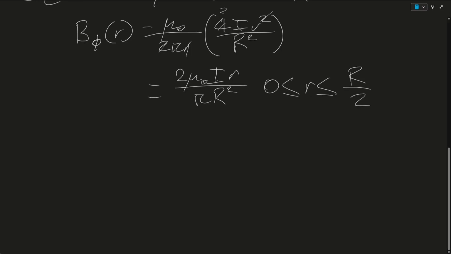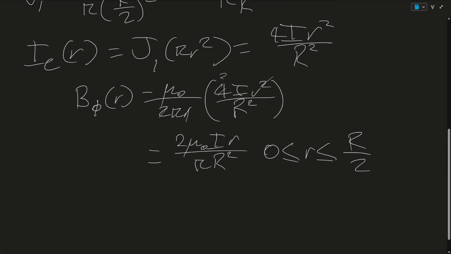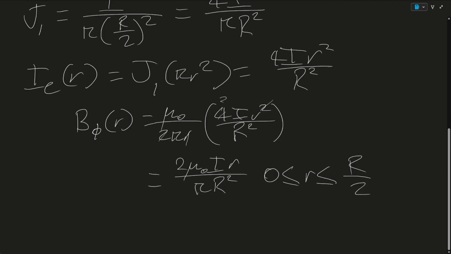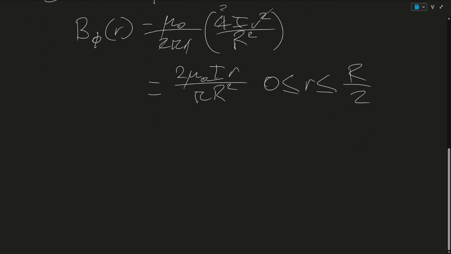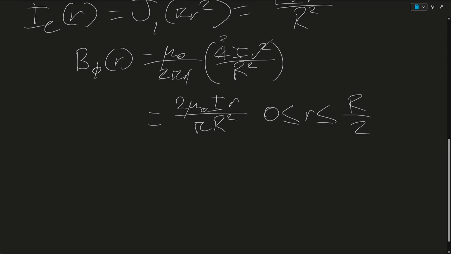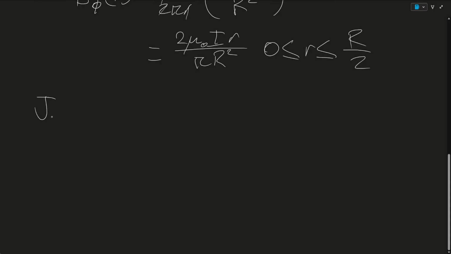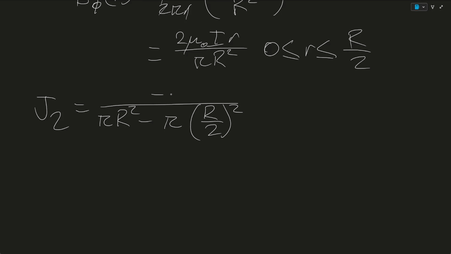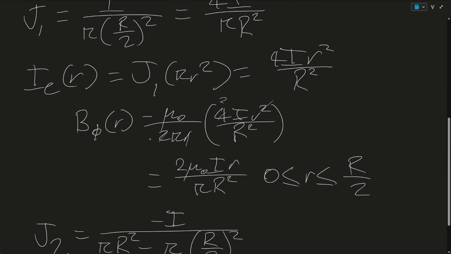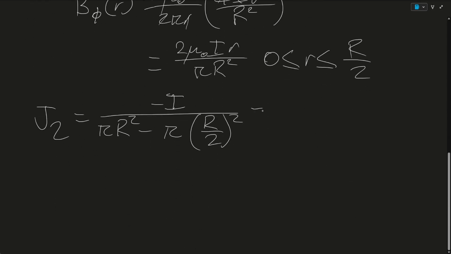Moving on. Now we need to do the outer cylinder, because this is just the inner one. The total current here is minus I. So we can again define a uniform current density J2, which is, I'm going to start with the denominator, pi (R squared minus R over 2 squared). You can of course see symmetry here from our previous one, which is minus 4I over 3 pi big R squared.